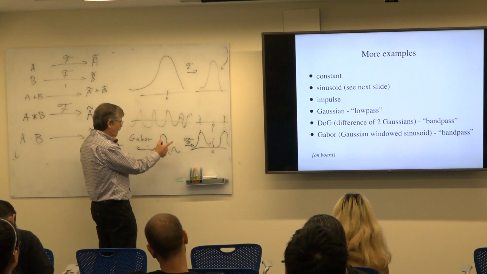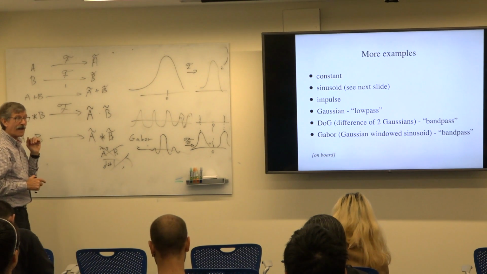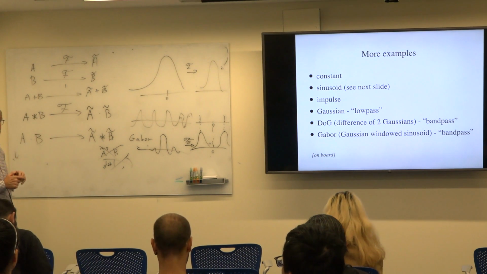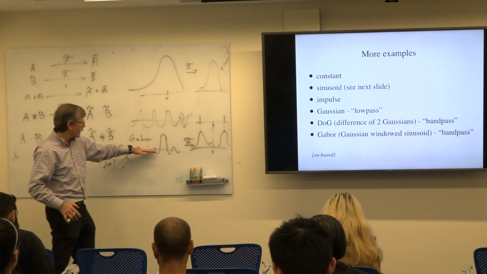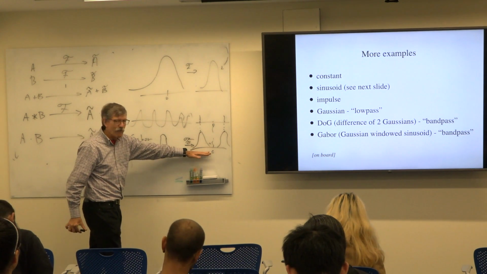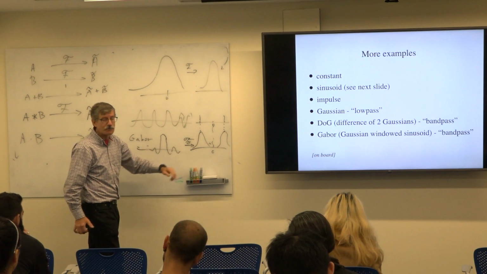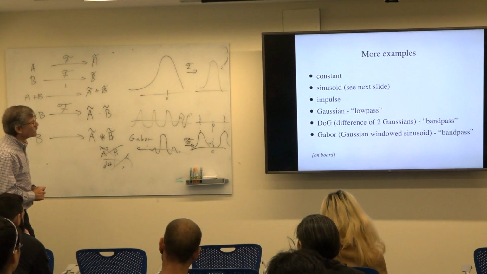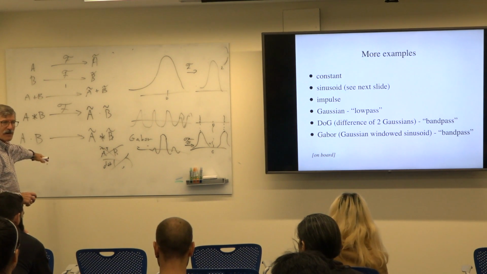So a V1 receptive field is typically described using a Gabor function. And that can match simple cell receptive fields in V1 very, very well. And can match what they look like when you measure them in spots of light, which you can do with V1 simple cells, and can match what happens if you show them sine waves over here. Okay, so those are just some very useful transforms using these very simple rules.